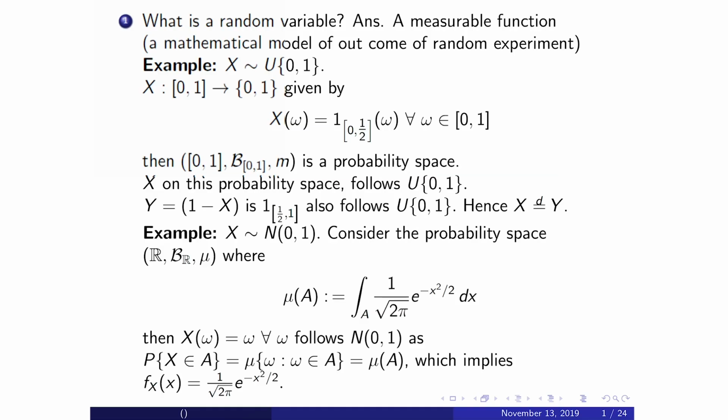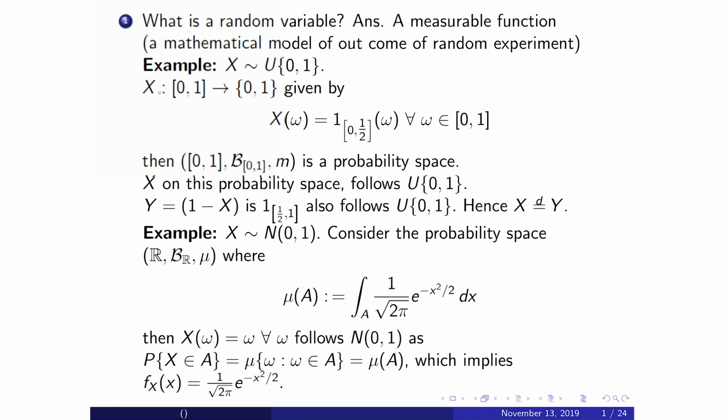Now, we calculate the probabilities. What is the probability that X is 0? For that we are going to find the measure of the set of omega where X becomes 0. That is nothing but the complement of [0, 1/2] inside this [0,1].